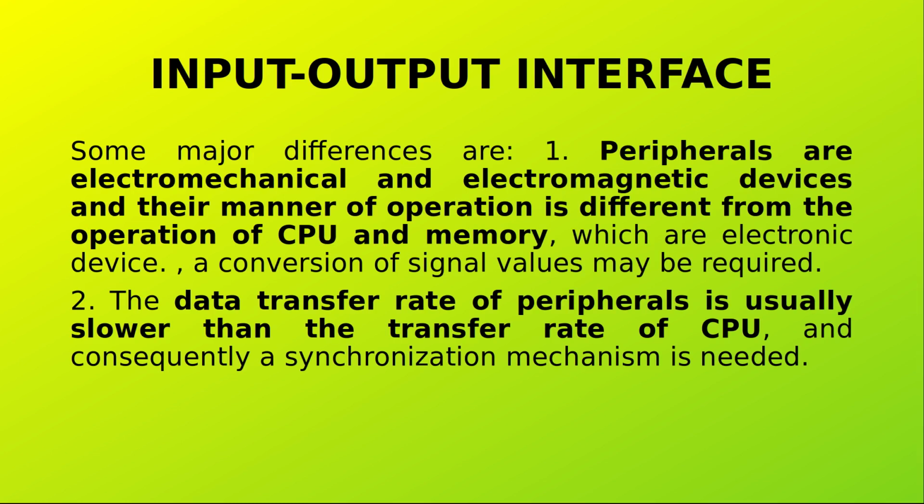The CPU and memory are electronic devices, because their speed is very high compared to peripheral devices, the input output devices. Moreover, the data transfer rate of a peripheral device is slow. The CPU has the highest data transfer rate, but the peripheral is very slow.